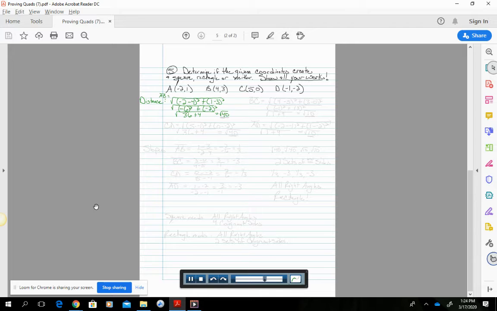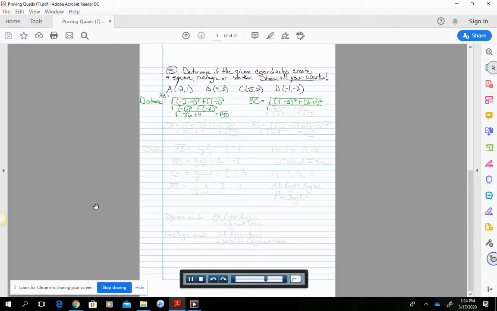My next one is from, I did A to B. So now I'm going to do B to C. So segment B to C. And I'm going to do distance formula again, x to x, x minus x. So 4 minus 5 squared plus y minus y. 3 minus 0 squared.